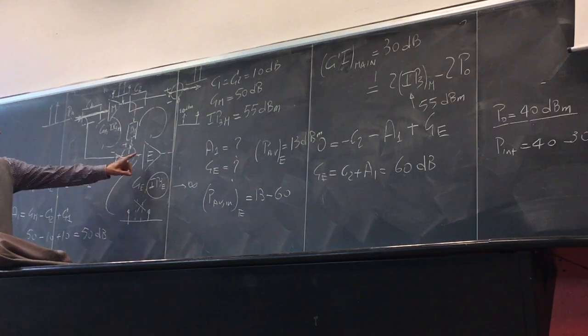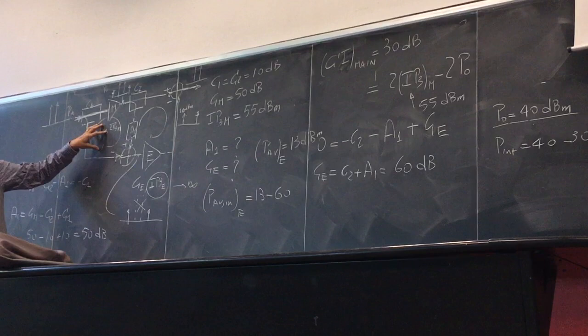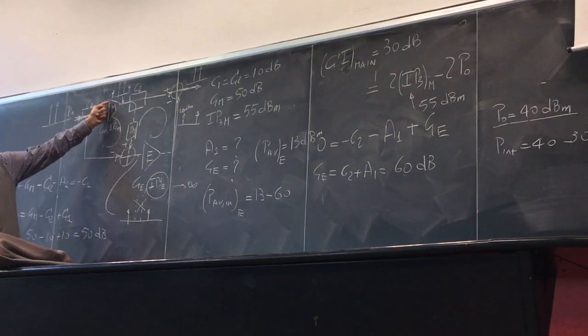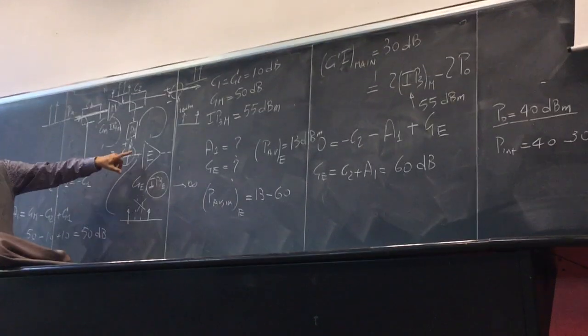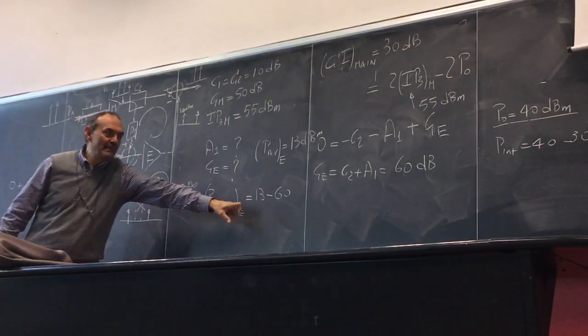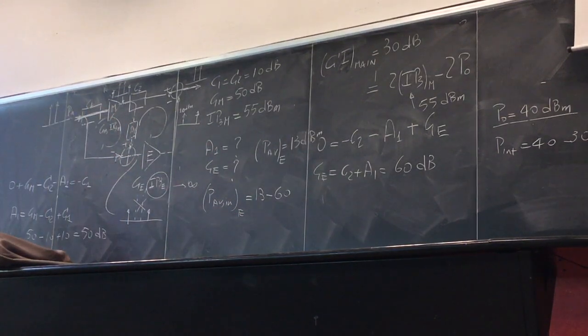You can also verify this, because the two loops are balanced, that this is the value that we get just after this subtraction. What we get here is a signal with a power of 13 minus 60 dBm. It's a consequence of the balancing of the two loops.